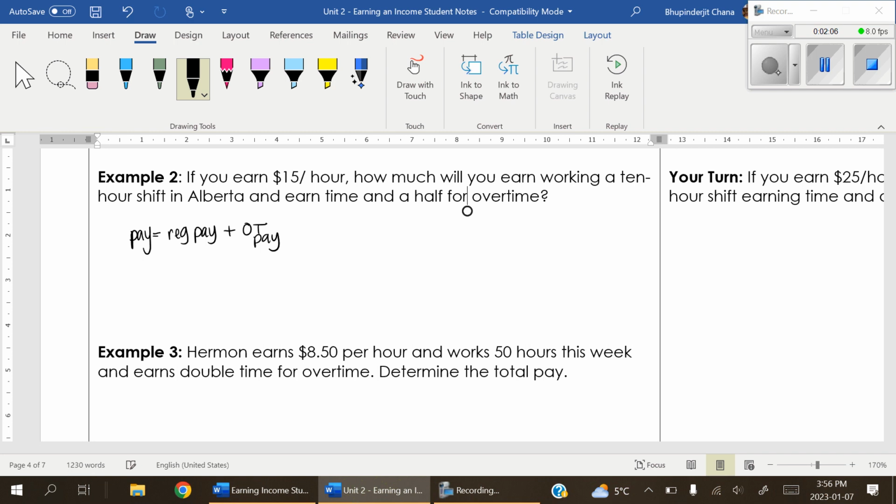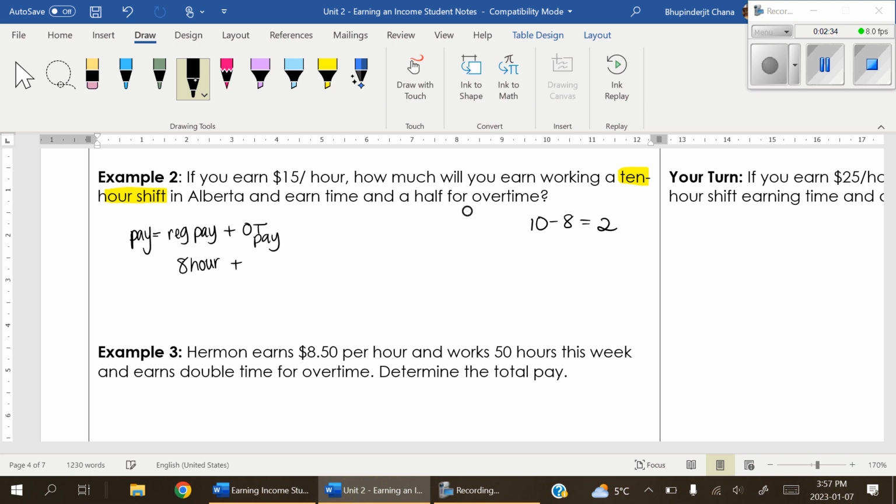Now, we are working a total of 10 hours. The first 8 hours are not part of overtime. So the first would be 8 hours. That's your regular. Now, 10 minus 8 gives me 2 hours of overtime.